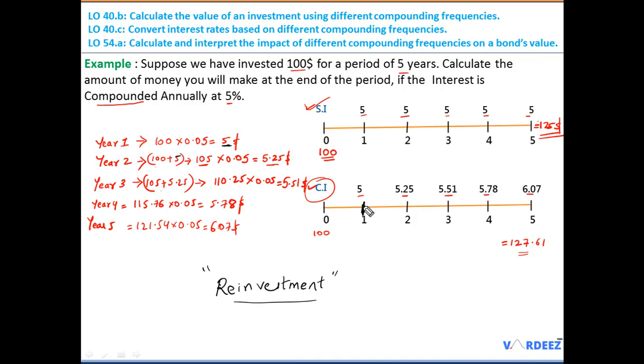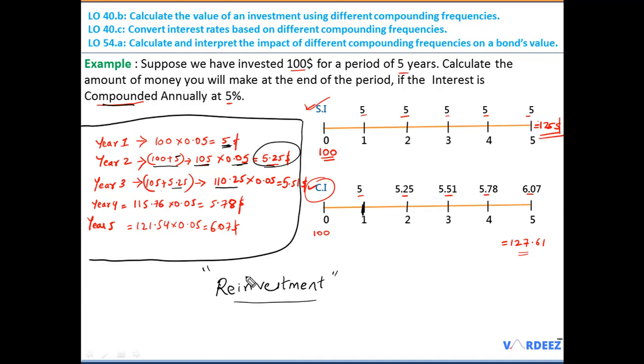At the end of the period we are investing for the second year, as you can see, and we are earning interest on the principal plus the interest that we have earned. So we are assuming that we have invested at the same interest rate, and this is the reinvestment concept, which is a major assumption in compounded interest.